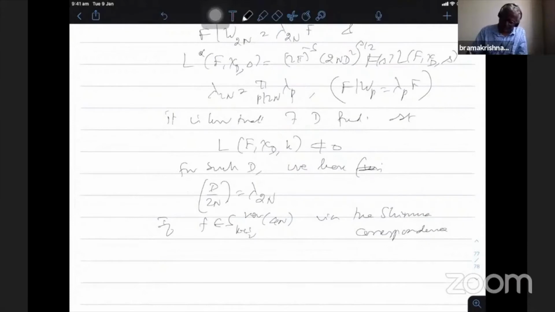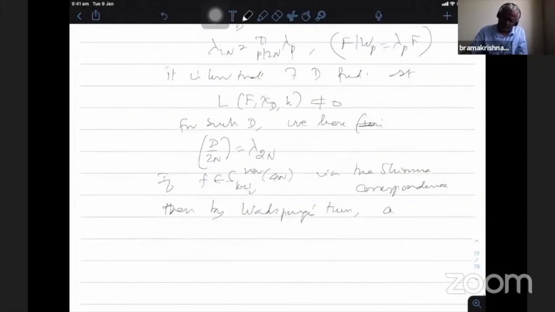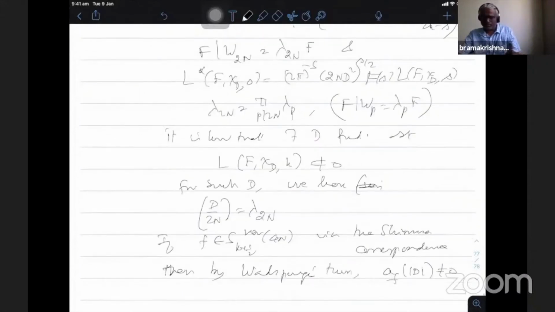Then by the Waldspurger theorem, a_F(|D|) is non-zero. The Waldspurger theorem tells you that the square of the Dth coefficient is proportional to the special value of the L function. The non-vanishing of the L function gives you the non-vanishing of the Dth Fourier coefficient.